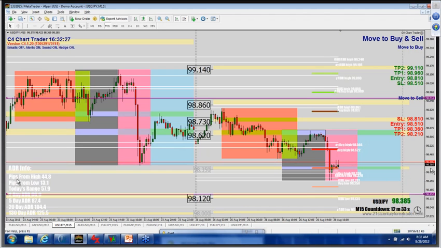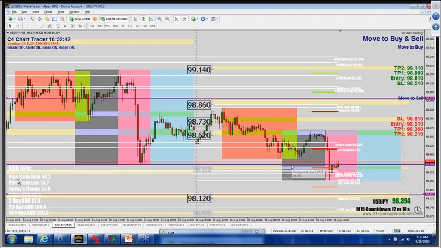We're currently trading at 98.39, and we had a support resistance level at 98.38. So let's put that one on the board, which is right about here. And below us 98.15, above us 98.76, which is actually right up here.